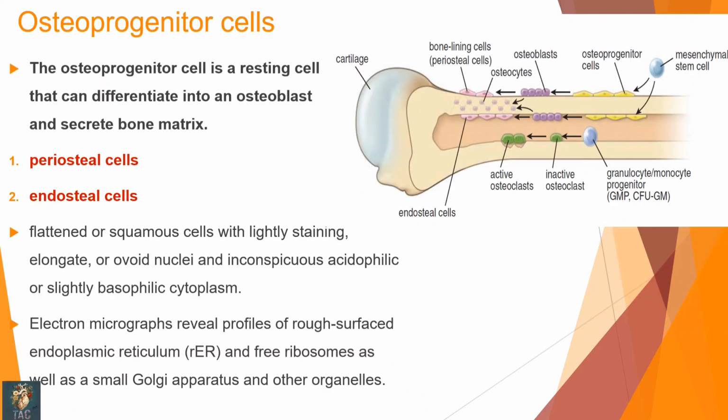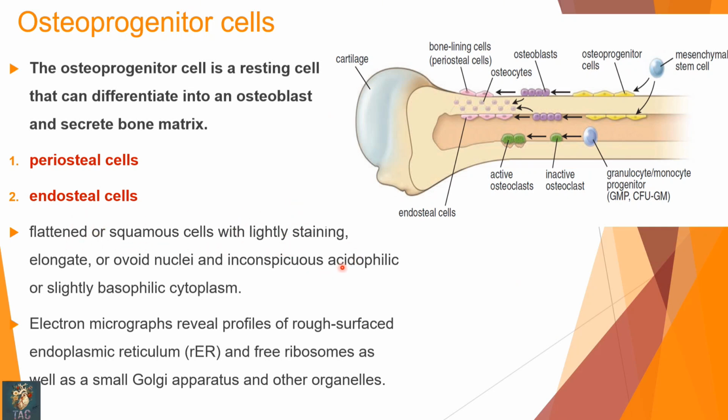So first of all, we will study the osteoprogenitor cell. Here you can see osteoprogenitor cells which are present. Osteoprogenitor cell is a resting cell that can differentiate into an osteoblast, which secretes the bone matrix. When they are lining the periosteum, they are called periosteal cells. When they are lining the endosteum, they are called endosteal cells. These cells are basically flattened or squamous shaped with light staining.